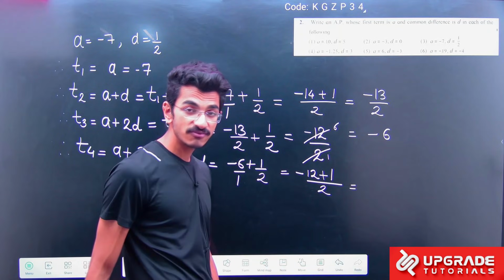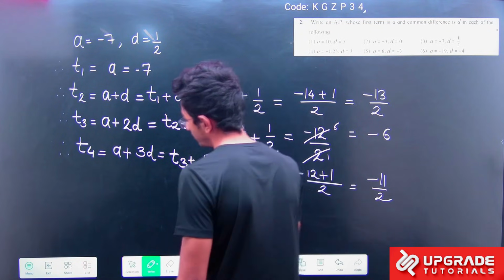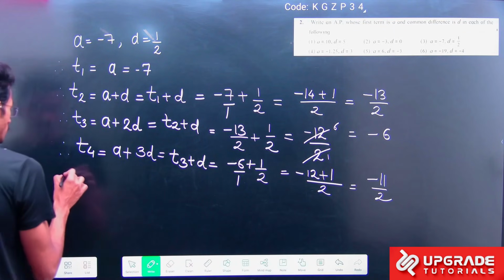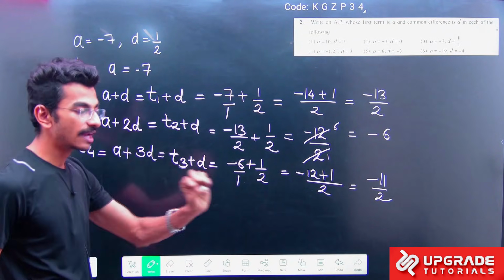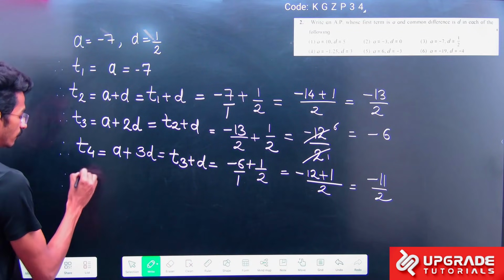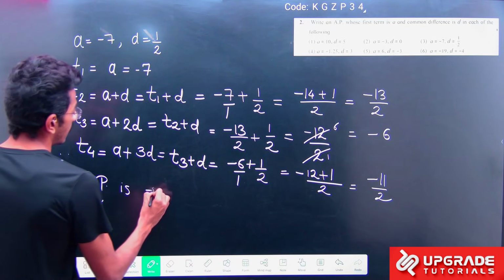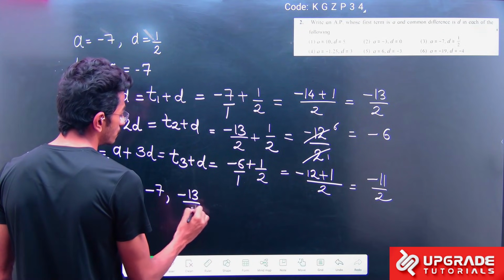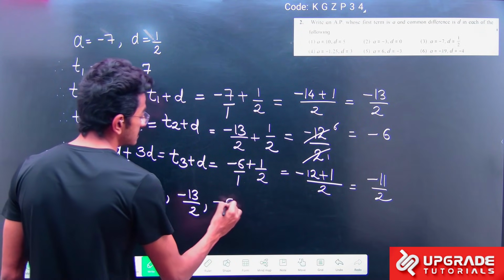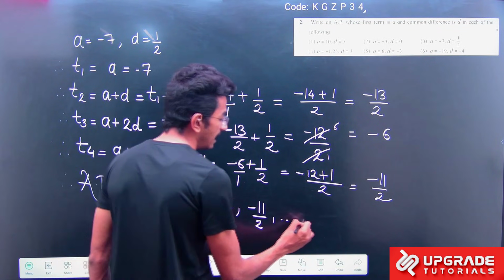Minus 12 plus 1 is minus 11 upon 2. Okay, so just collect all the values and write them in the series. Therefore, the AP is minus 7, minus 13 upon 2, minus 6, minus 11 upon 2, and so on.